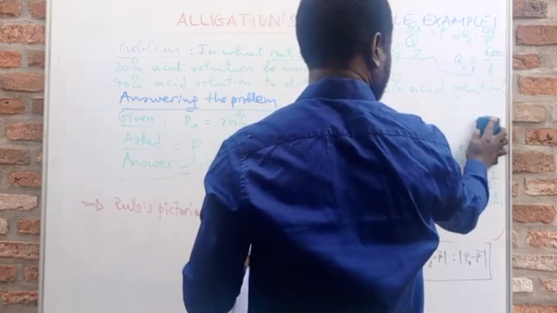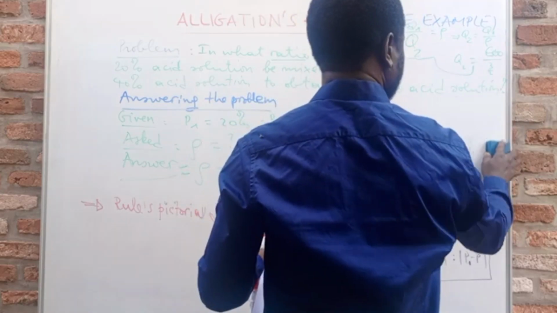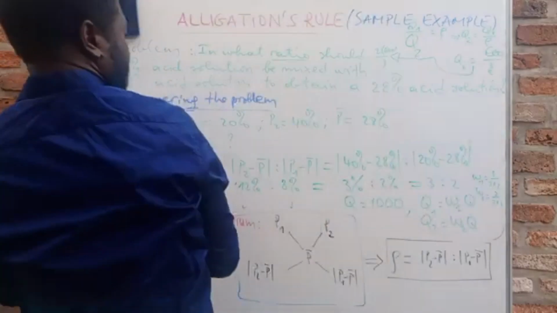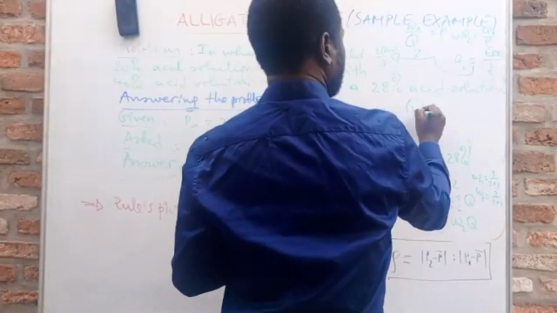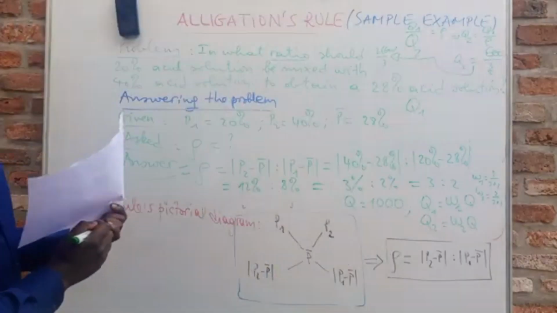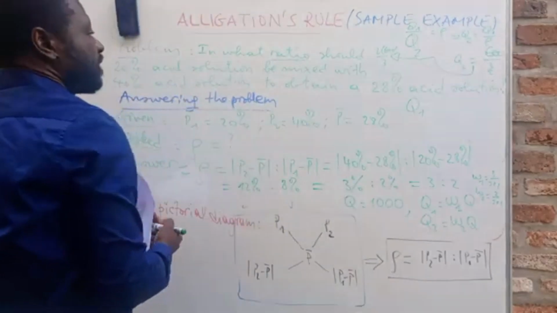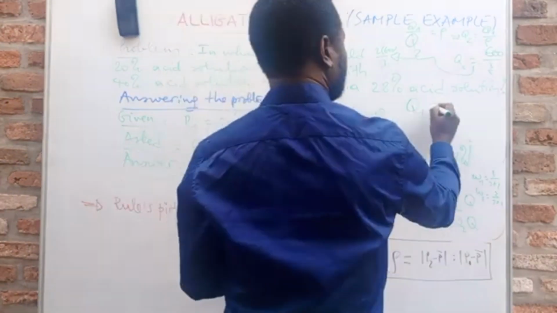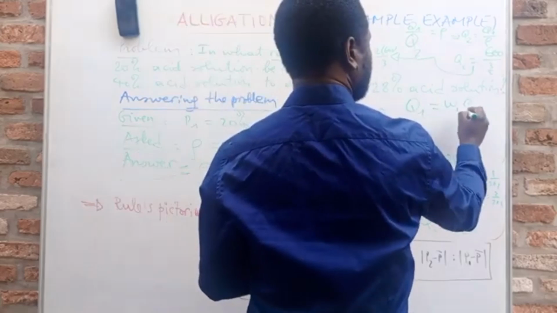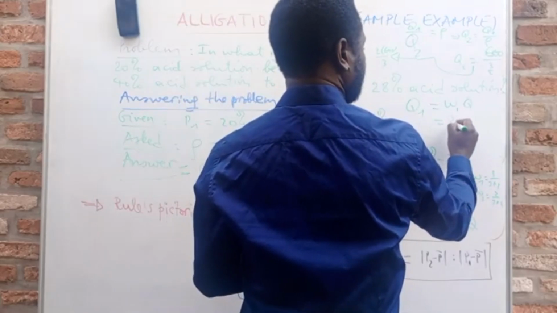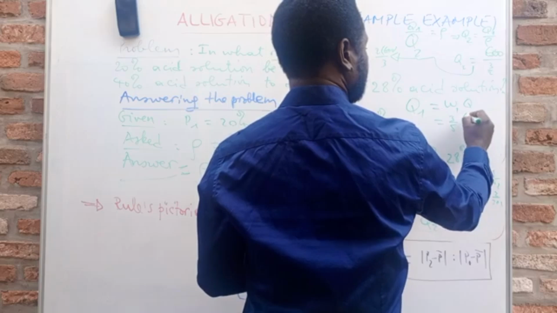Okay, now let us check how will I find the first weight. First weight, I mean first quantity. For the 20% acid solution, I'm going to have omega 1 times Q. So this is 3 over 5 times 1000.